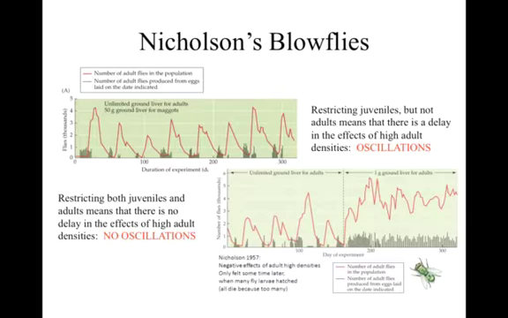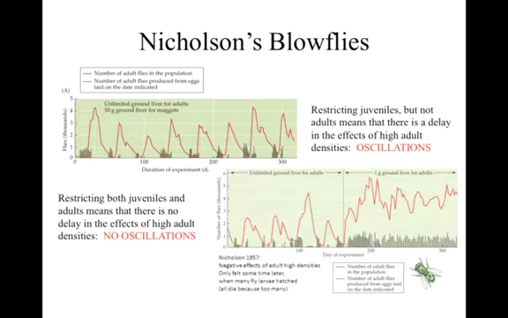He said, if my juveniles are restricted, if they compete really strongly and resources are limited, but the adults aren't, then I can get really, really big populations of adults that lay tons and tons and tons of eggs. The adults aren't restricted, but the eggs themselves don't do very well because they're competing with each other. I might have 1,000 adults that lay 1,000,000 eggs, but not 1,000 of them make it through; like 5 of them survive because there's so much competition.